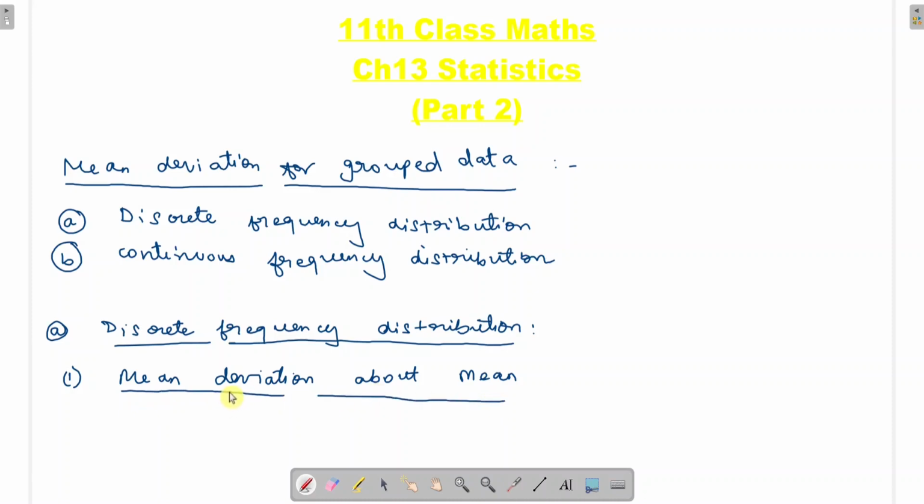So here we have to first find the mean. For that we need data here.